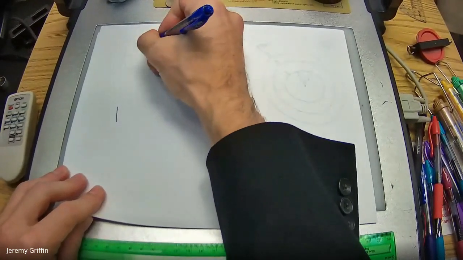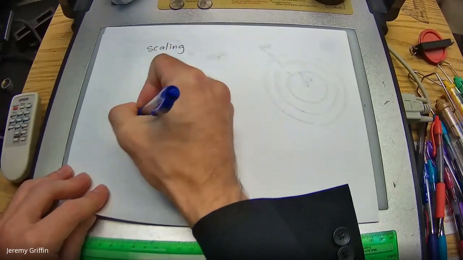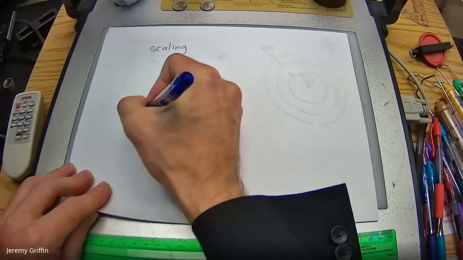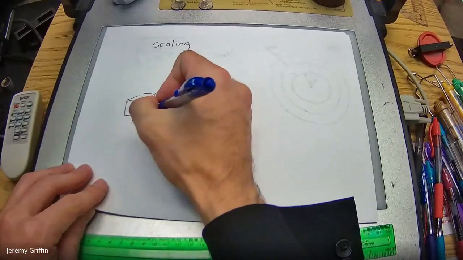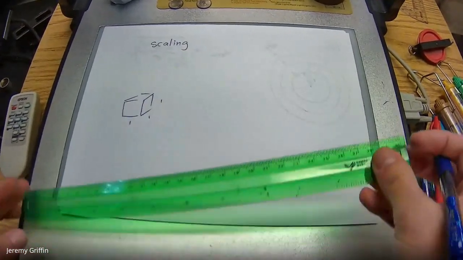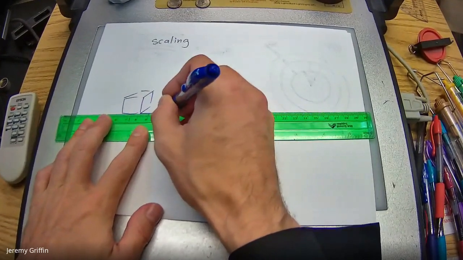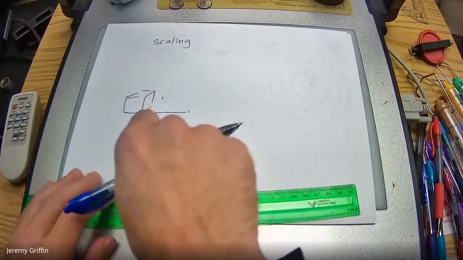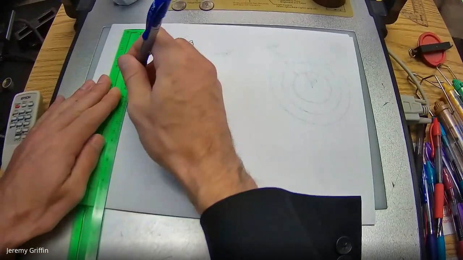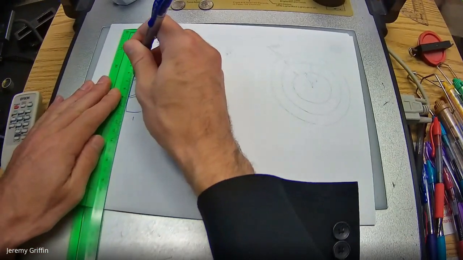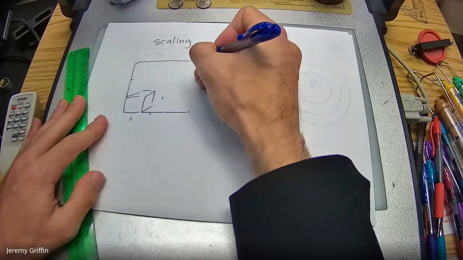So, scaling. Suppose you had a little three-dimensional box, let's say 1 unit by 1 unit by 1 unit. I'm going to blow up this box bigger, to 3 by 3 by 3. So I'm going to increase it by a factor of 3 in each dimension: 3 times as wide, 3 times as tall, 3 times as far back into the page.